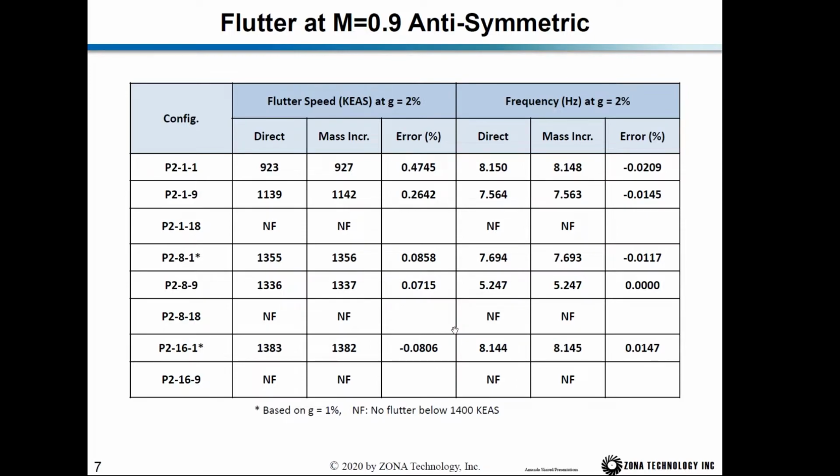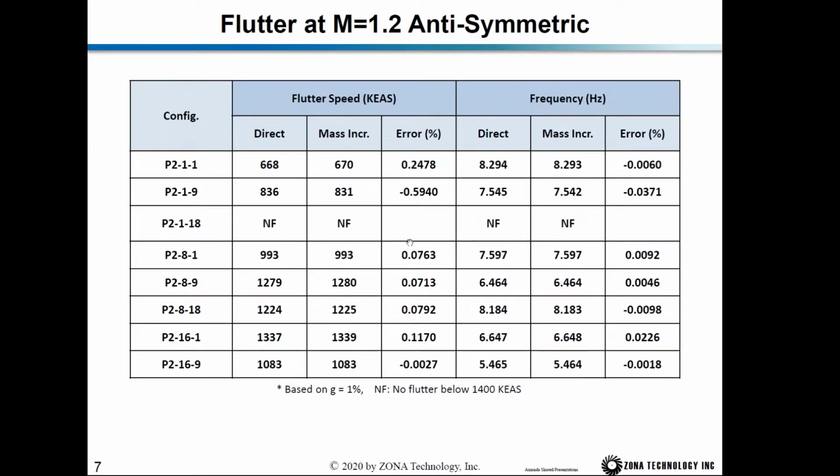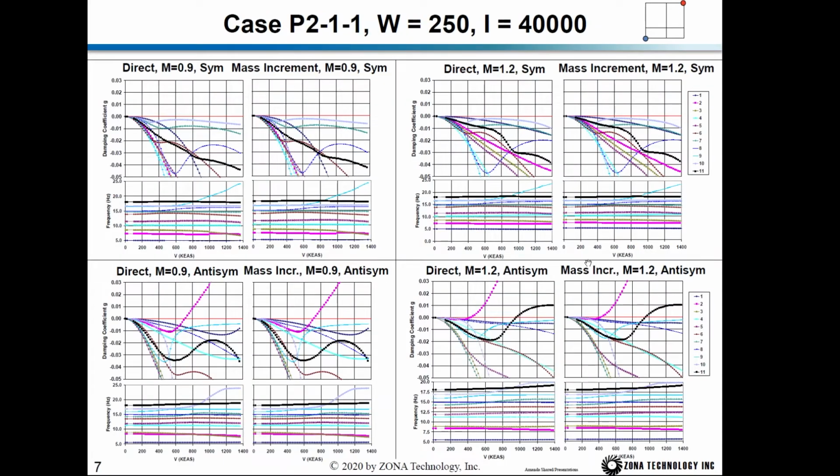The flutter solution is shown here for Mach 0.9. This is direct, and this is the mass increment for all the store weights. You can see that the error is very small, and this is the flutter frequency. Also, the error is very small, and this is at Mach 1.2, and again the errors are very small.